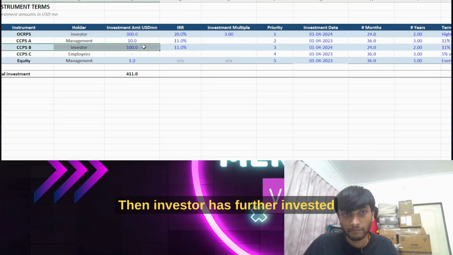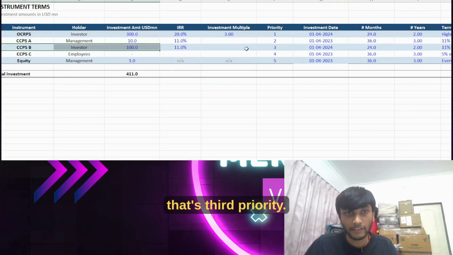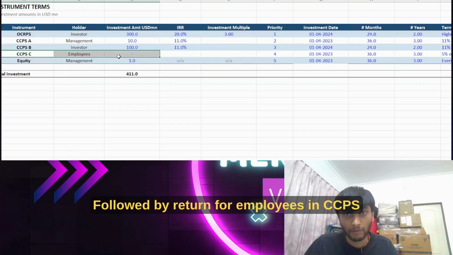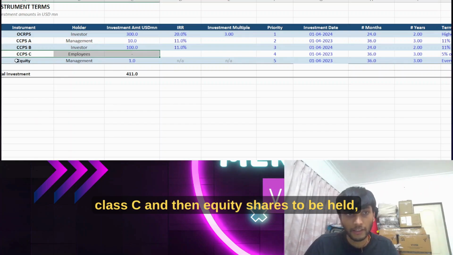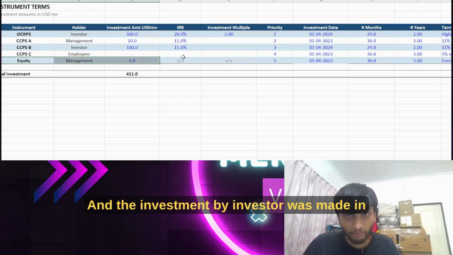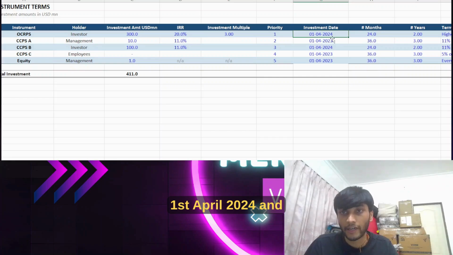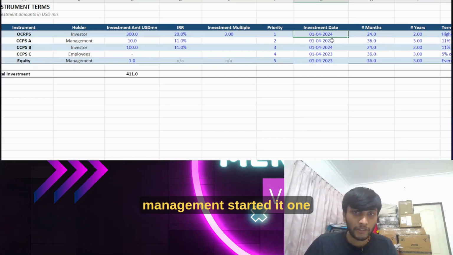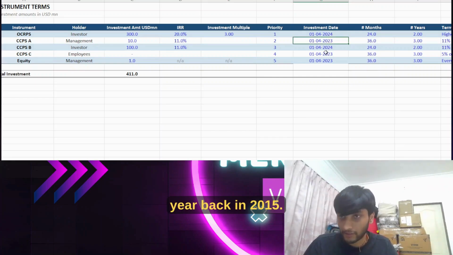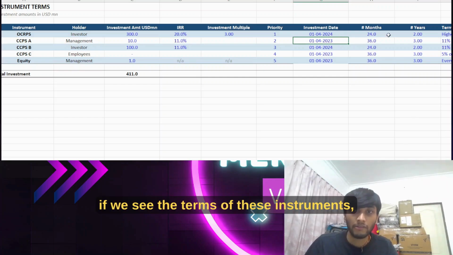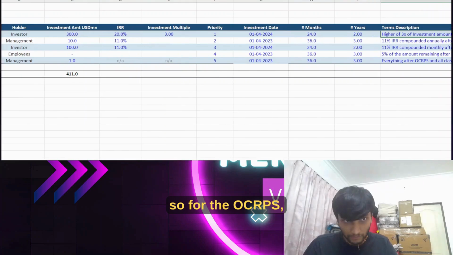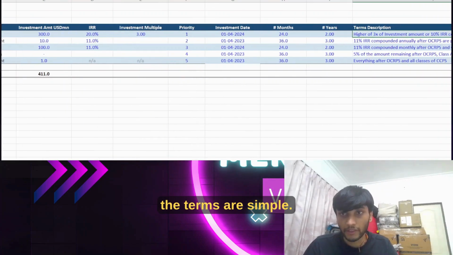Then the investor has further invested 100 million in a CCPS of class B, and that's third priority, followed by the return for employees in CCPS class C, and then equity shares, which are held by management. The investment by the investor was made on 1st April 2024, and the management started 1 year back, on 1st April 2023.